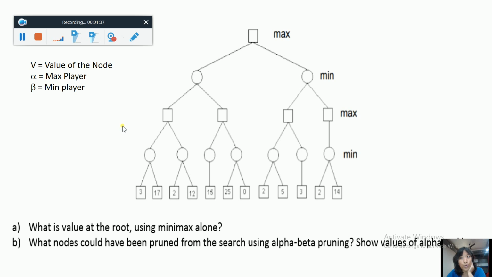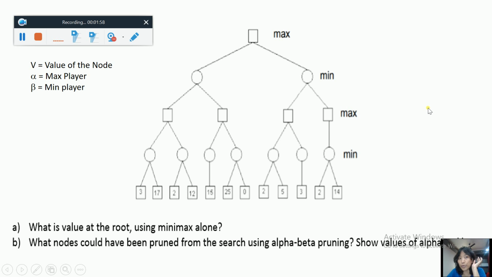And we all know alpha maximizes its score, or takes the maximum static evaluation function value, and beta always takes the minimum static evaluation function value, or always minimizes its score.